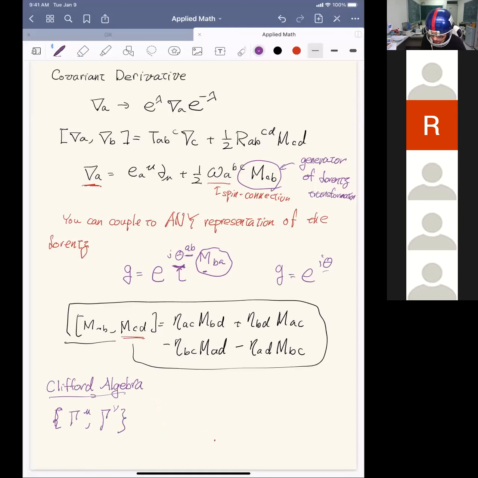So if you can find a set of matrices that satisfy this anti-commutation relation, then you can show that if you write, sorry, now I'm using curly indices again. Let me just use flat indices.